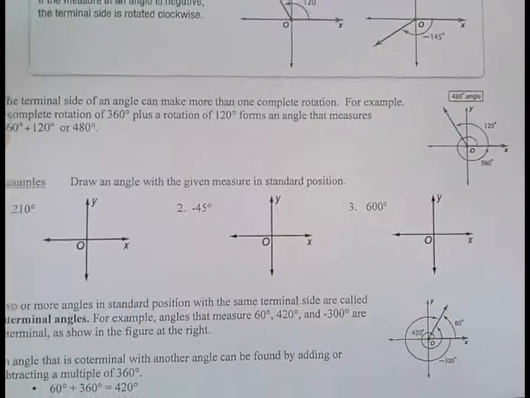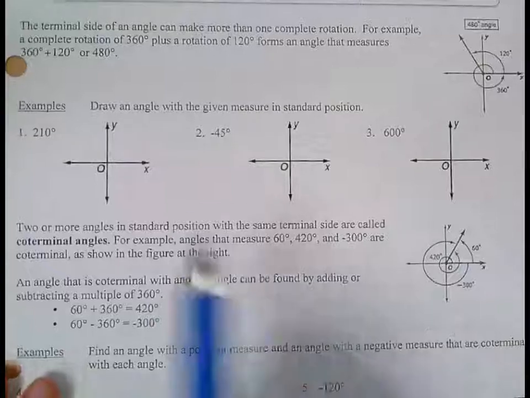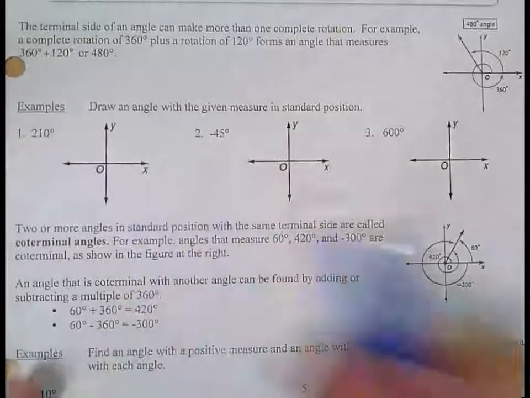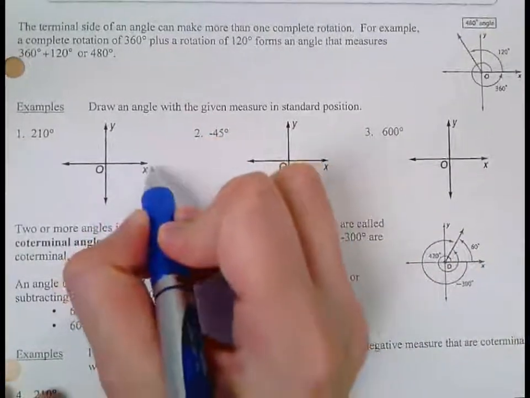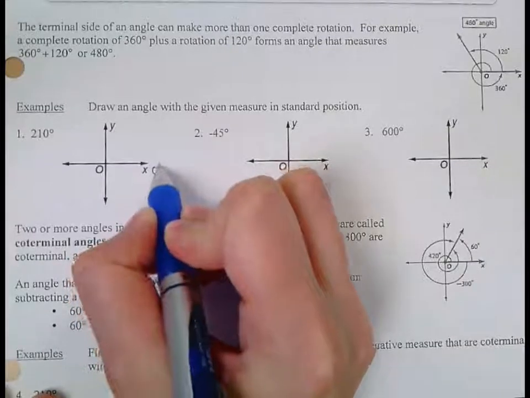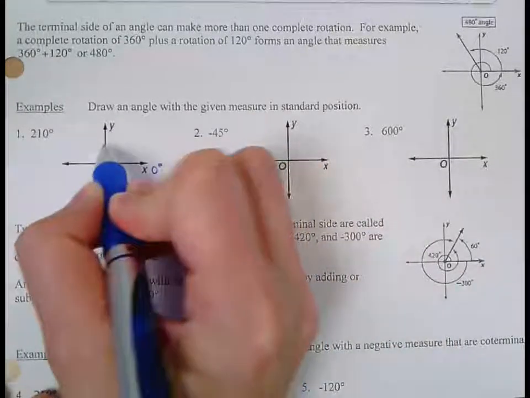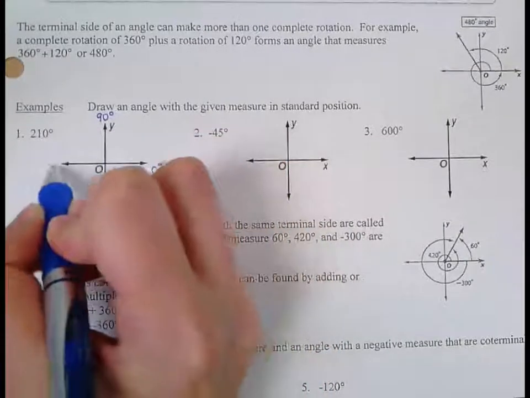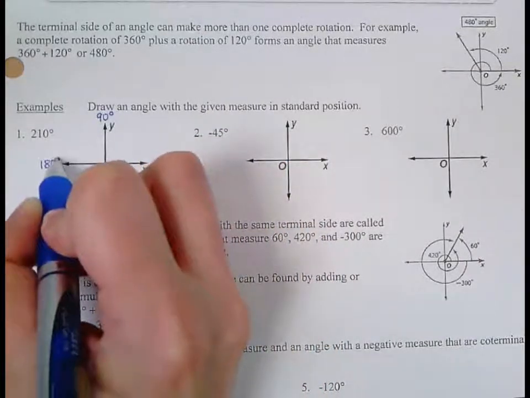So we're going to look at 3 examples. Draw the angle with the given measure in standard position. And if it helps you, you can always label, again, the positive x-axis, you're starting at 0 degrees. If you go up a quarter of the way, you're at 90 degrees. Go an additional quarter, you're at 180.